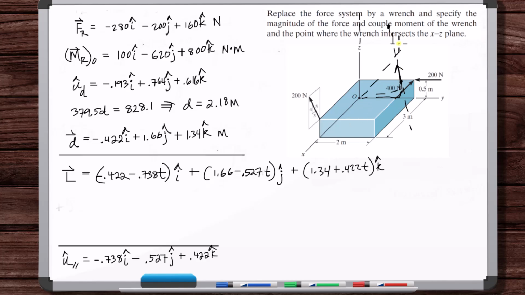Okay. But now we're trying to find a point on this line, but we know a property of this point. What do we know about this point? The y component is equal to 0. So let's set this equal to 0 and solve for t.